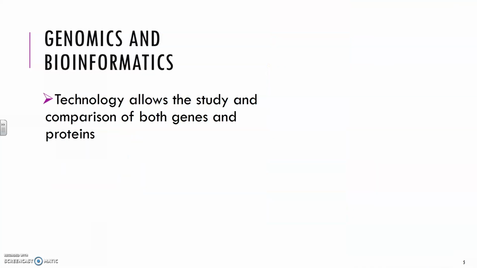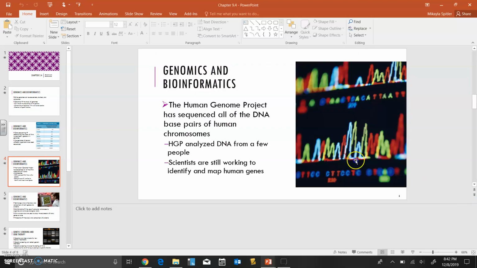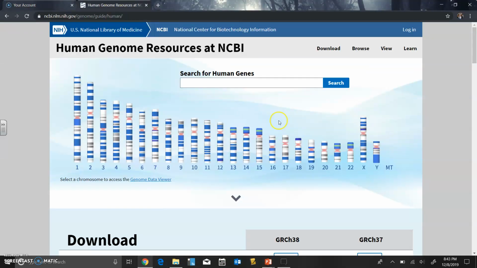Okay, so actually I wanted to show you what the Human Genome Project looks like as of now. Okay, so this is done through a website called NCBI. So it's the National Center for Biotechnological Information. So NCBI has the entire human genome on it.